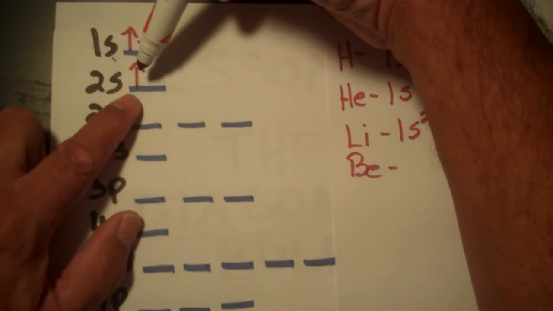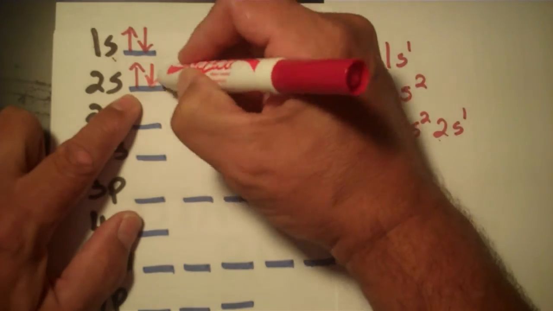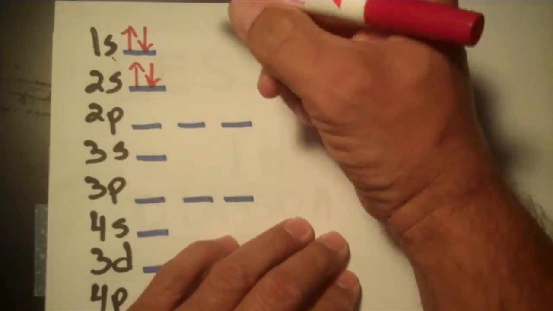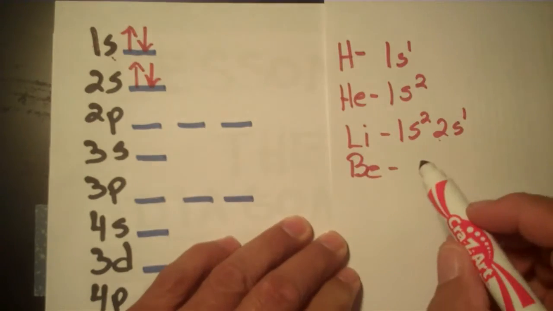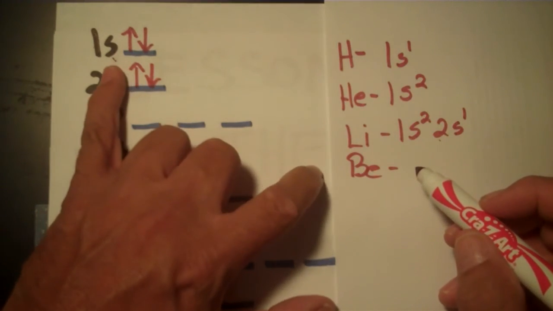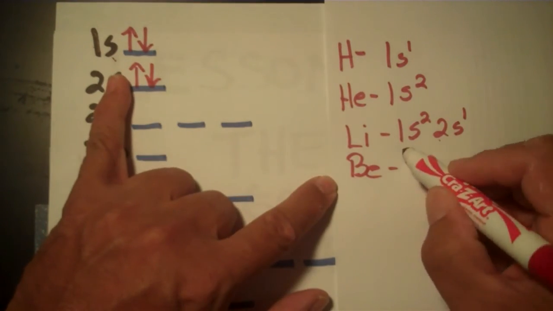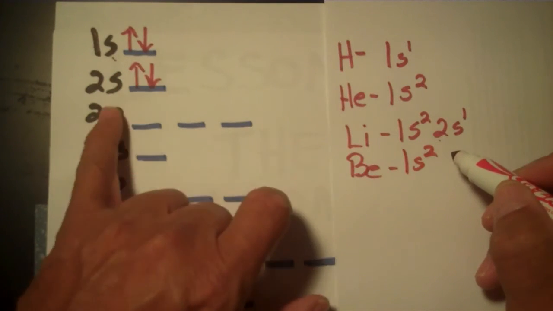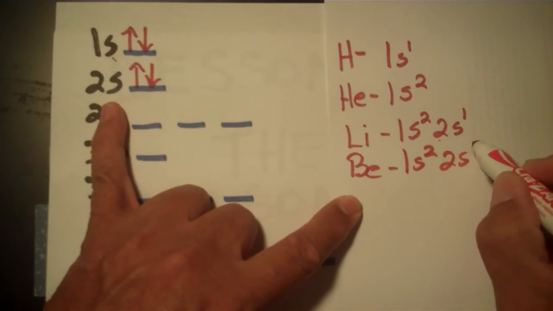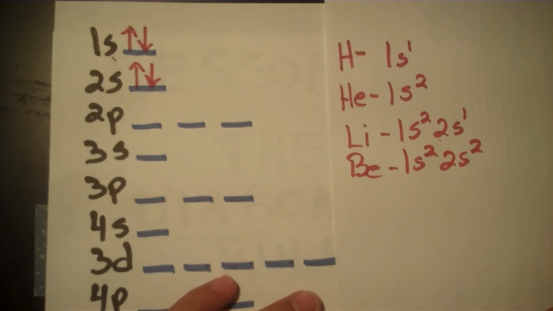Then I go to my 2s and put 1 up for the 3rd electron, and then I put 1 down for the 4th electron. So my electron configuration is 1s2, 2s2. Very simple. Not hard at all.